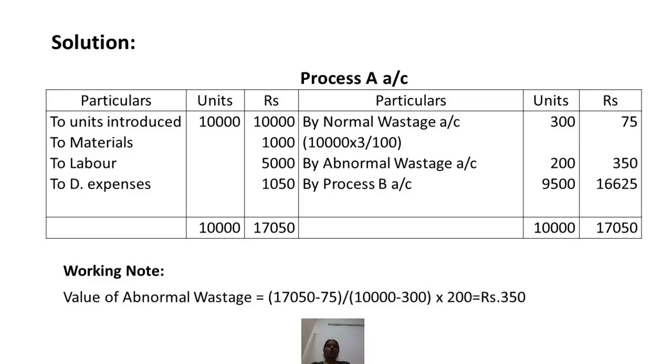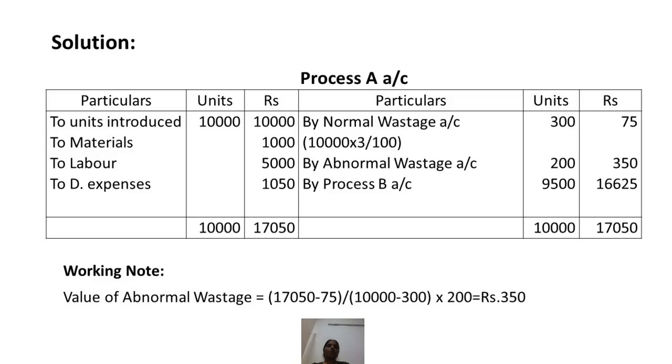In this case, normal wastage is given in the problem as 3%, that is for 10,000, 3% is 300 units. It's sold at rupees 0.25, so multiplying 300 by 0.25 we get 75. Then we add the total of the debit side, and we get 17,050 rupees for 10,000 units.